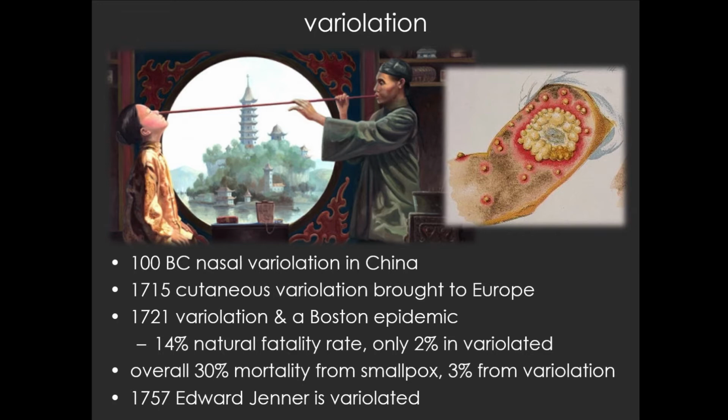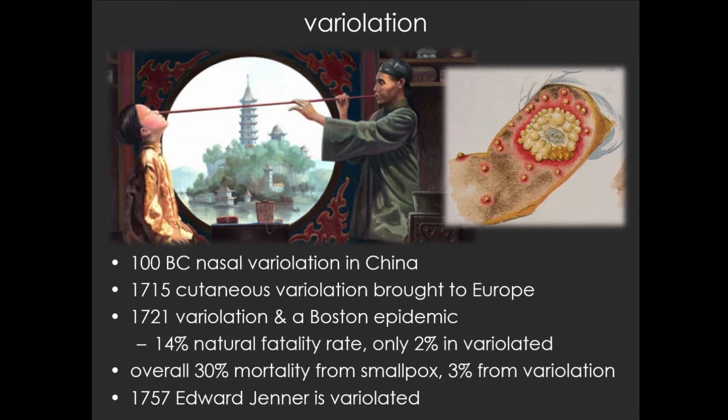In what were the American colonies at the time, in 1721, the process of variolation was used to try to curb a Boston epidemic. The data from that epidemic show that where people had not been variolated, there was about a 14% fatality rate, much lower than what is commonly thought to be the fatality rate of smallpox, which is 30%.